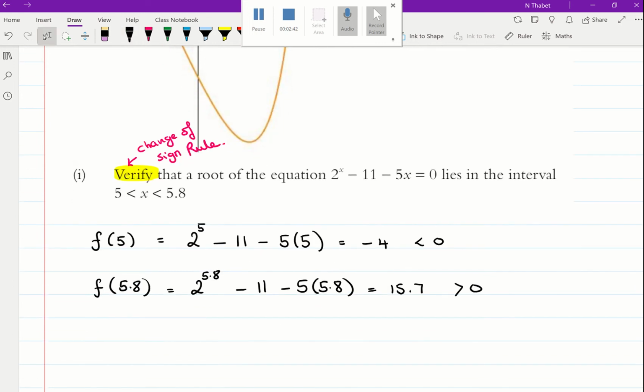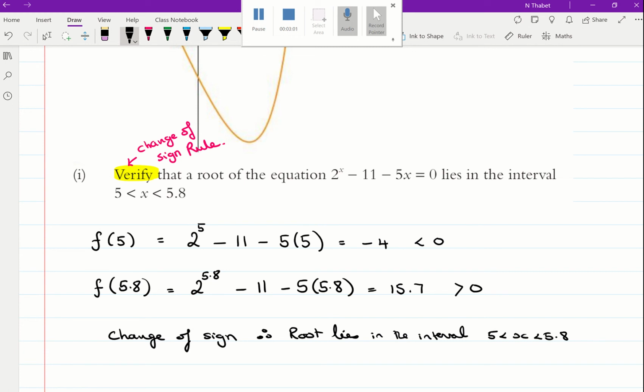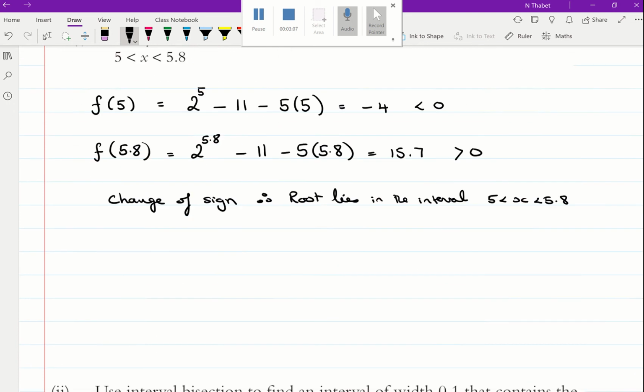So you're going to put your conclusion: change of sign. Therefore, the root lies in the interval x is bigger than 5, smaller than 5.8. So first thing, no change from section 13.1.